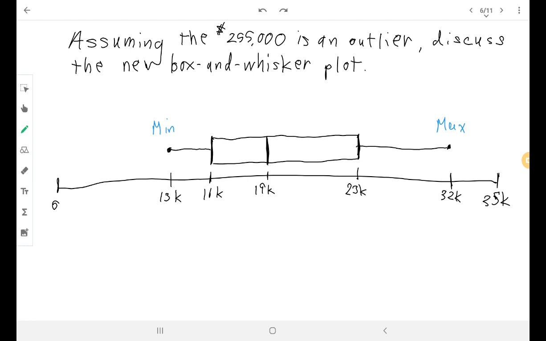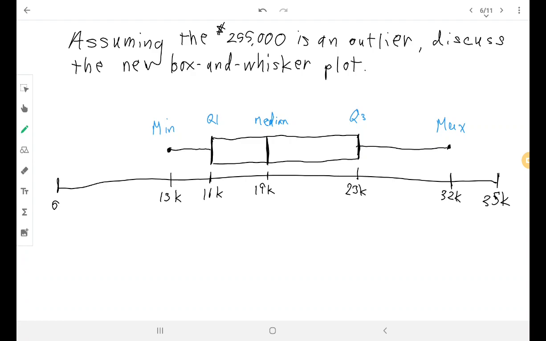Here's our first quartile. Here's our median. And here's our third quartile. So that box part of the box and whisker plot is where the majority of everything lies. Okay?